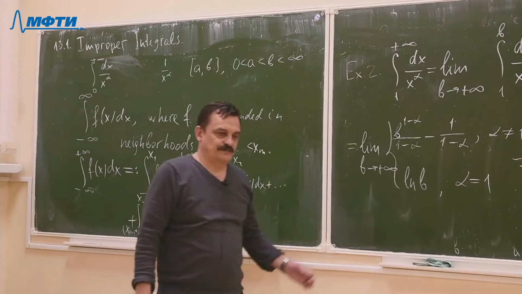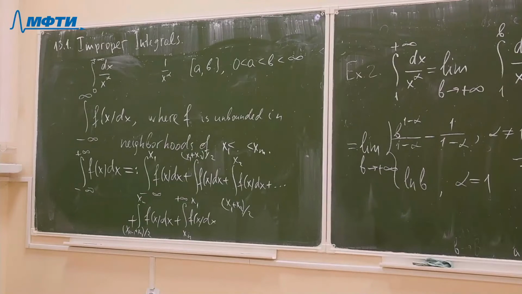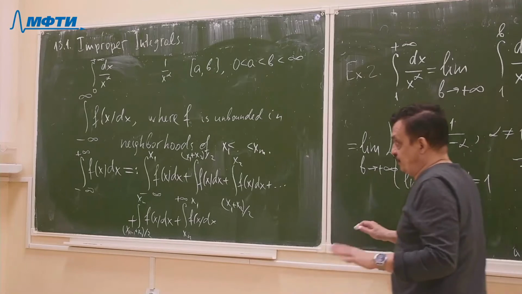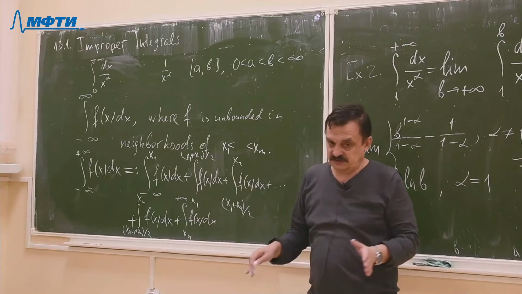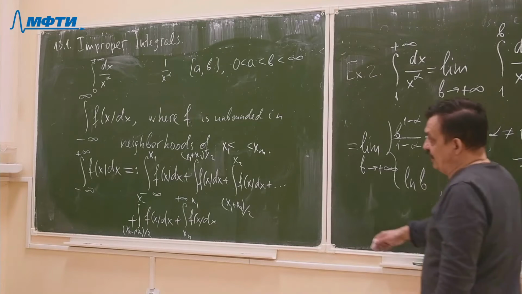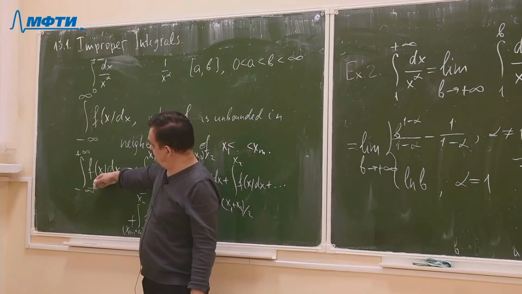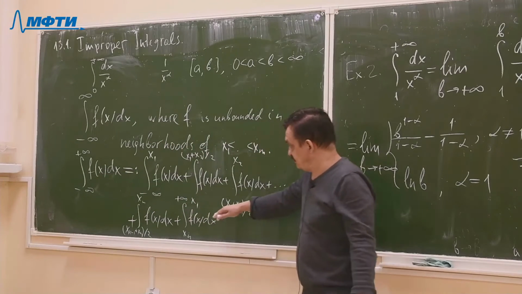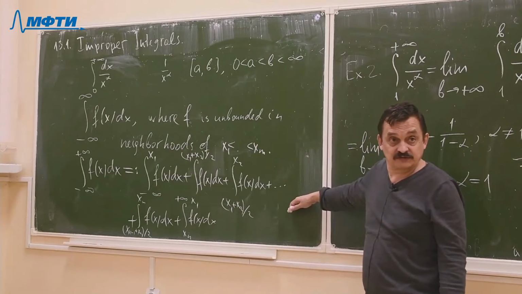So you see, if we have finitely many points where our function is unbounded in neighborhoods, and we have no other problems, so it is integrable over each interval which doesn't contain those points, then we understand this improper integral as the sum of several improper integrals.